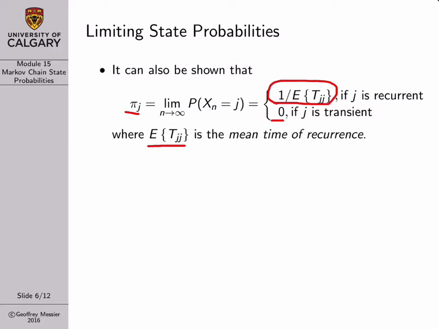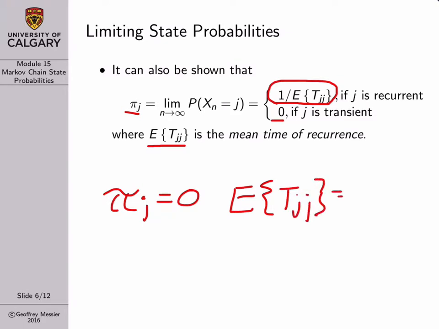We can also say that if pi j is equal to 0, then the mean time of recurrence is 1 over 0, or infinity. So again, for transient states, once we leave that state, the average time that it takes to come back is basically infinite, or in other words, we never return to it.